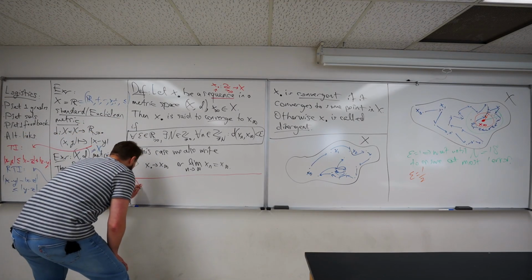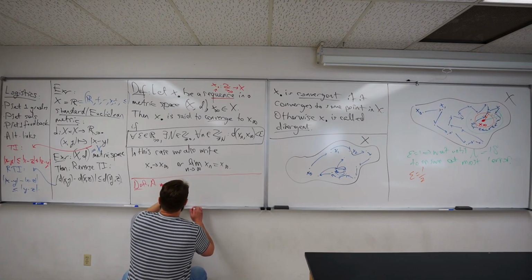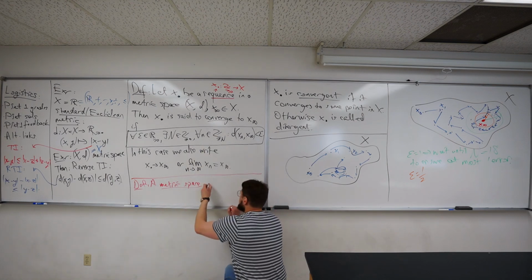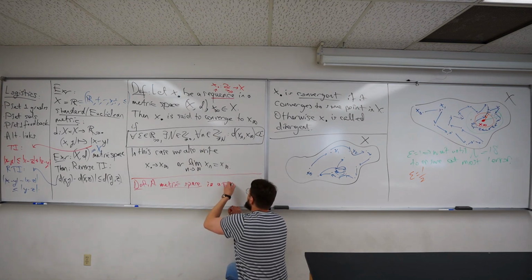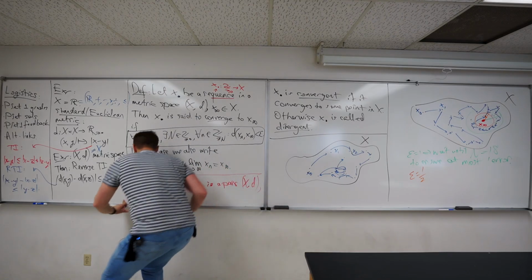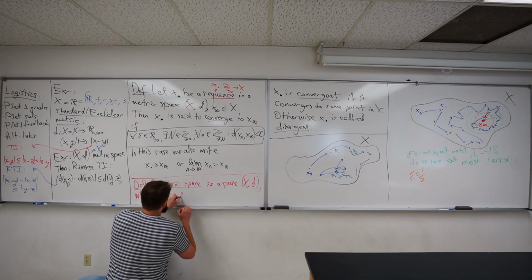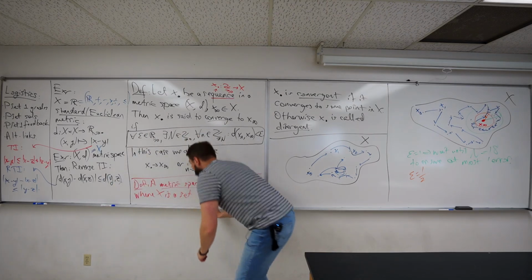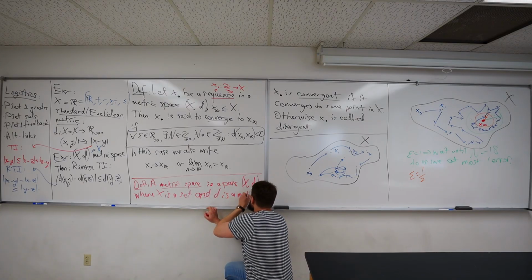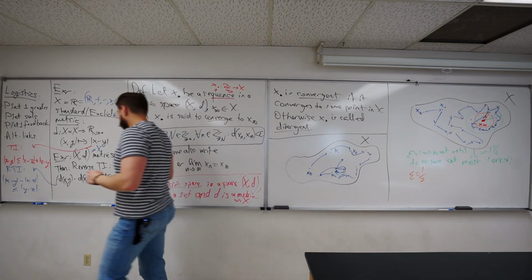So, definition. A metric space, that's the definition, is a pair X, comma D, where X is a set and D is a metric on X. What is a metric?